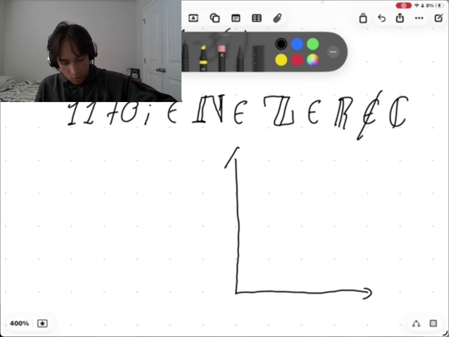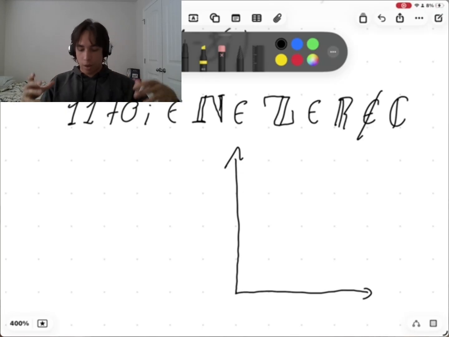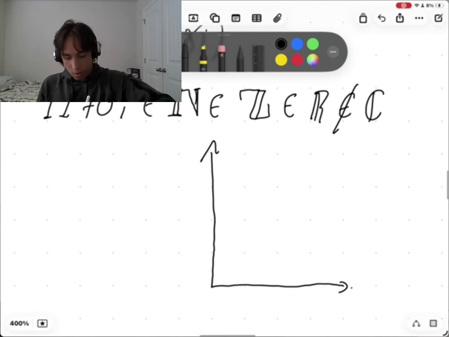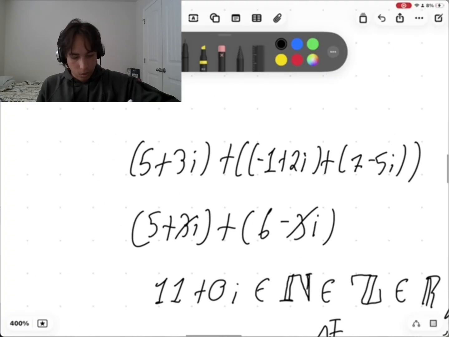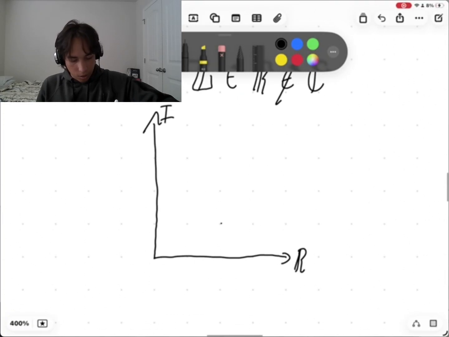Like I said, you can treat them as pseudo vectors, in a space where your axes are the real part and the imaginary part. So for here, 5 plus 3i is going to be 5 over and 3.